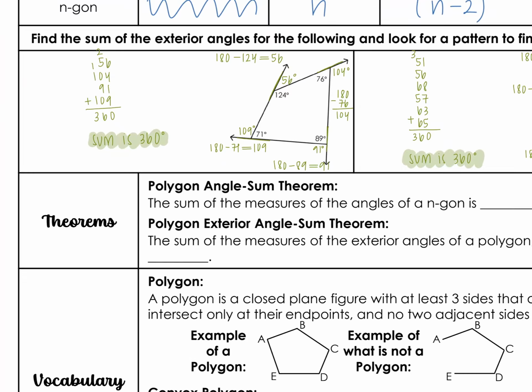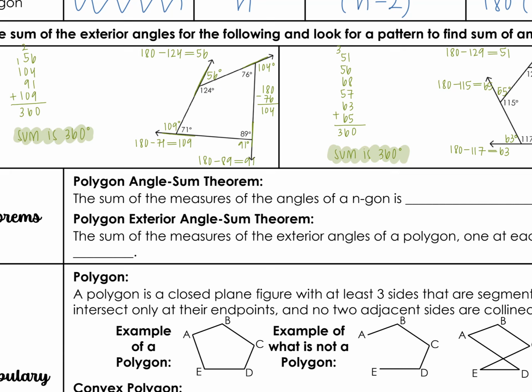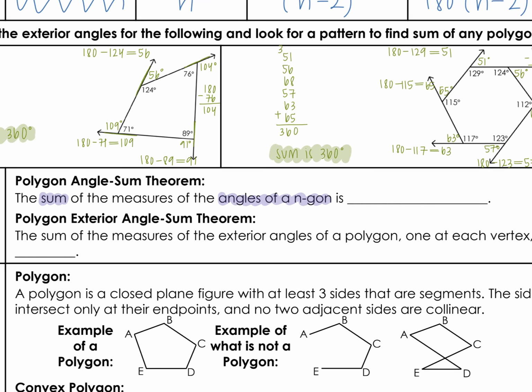So the first one we have is the polygon angle sum theorem, which states that the sum of the measures of the angles of an n-gon is just going to be, and this is what we said earlier, n minus 2 times 180.